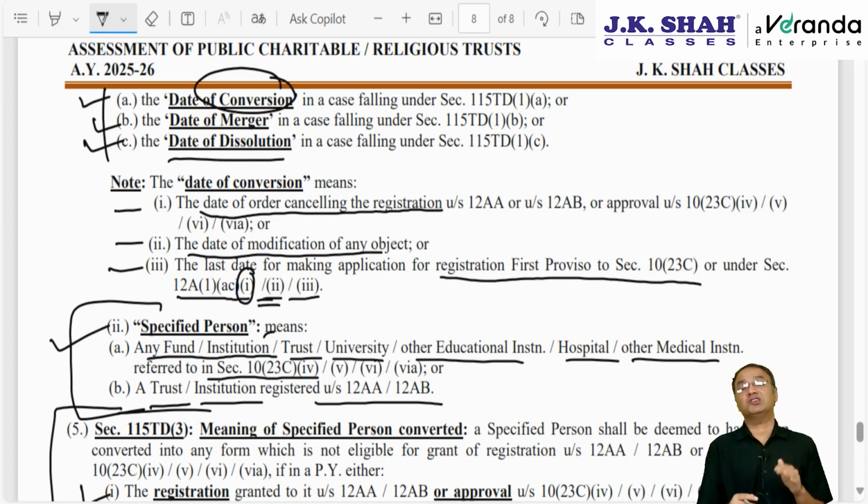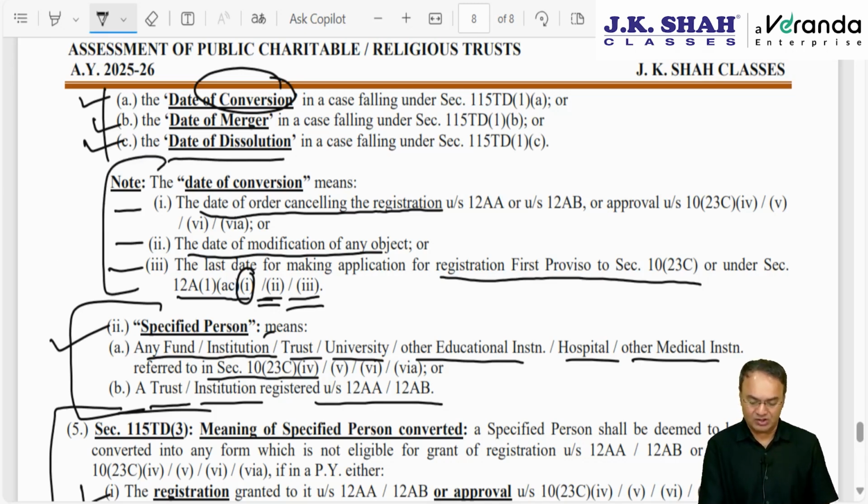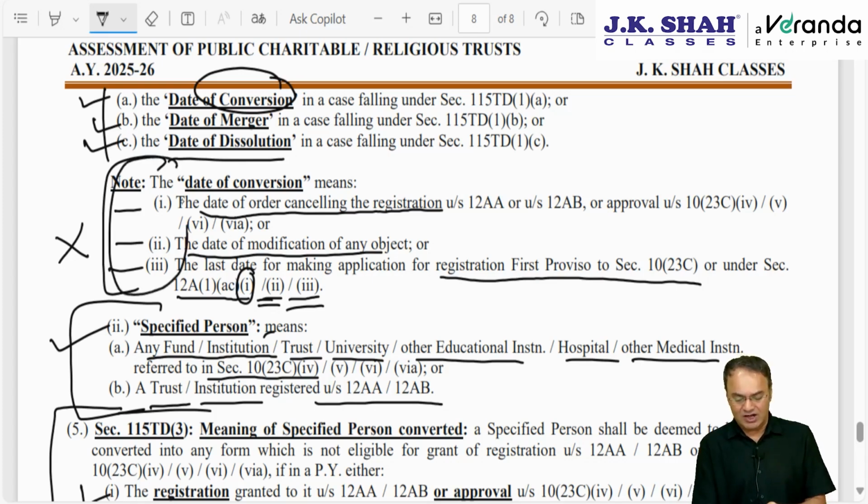Subclause 2, it is 6 months before the expiry of 5-year re-registration period, and subclause 3, it is 6 months before the expiry of 3-year provisional registration period, or 6 months after the date of commencement of activities. Don't go deeper, this is immaterial. Specified date will be given to you, you will automatically understand. Whenever the given event takes place, that date will be specified date.